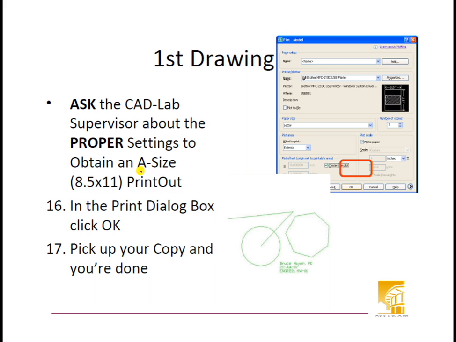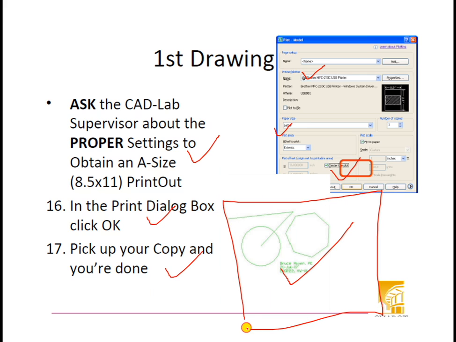Then CAD will ask you about the printer name and the page setup, in which way you want to have it. Then in the print dialog box, pick the copy, and you can take your print of whatever you drew in the CAD. This is your sheet, which you will get in printed format, as far as the CAD drawing is considered.